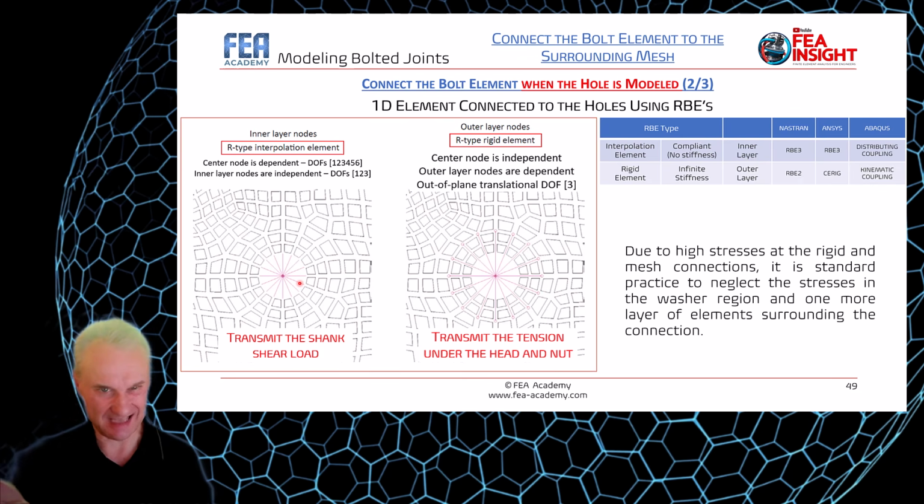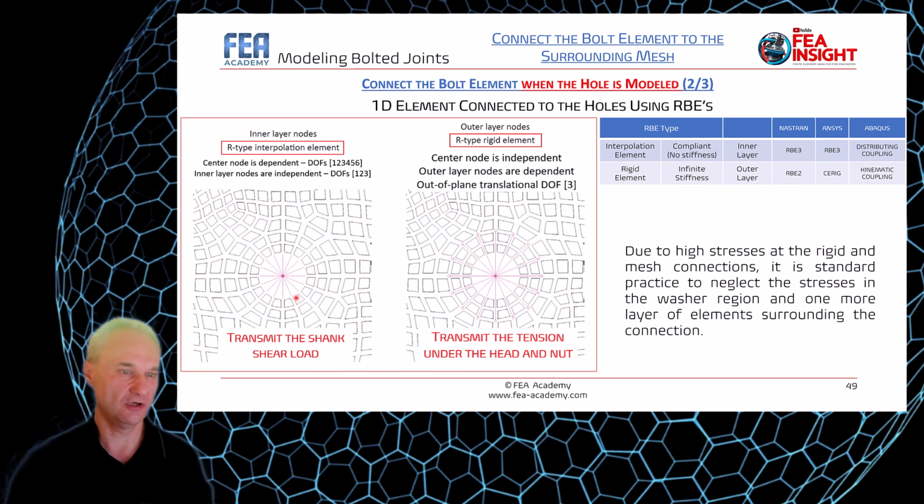You can see that in my practical basic course, where I have a lecture about the MPC element and the RBE3 element. So it is an interpolation element, okay? And you connect this interpolation element with the inner layer nodes of the hole. The center node is the dependent node with the 6 degrees of freedom, and the inner layer nodes are the independent degrees of freedom.